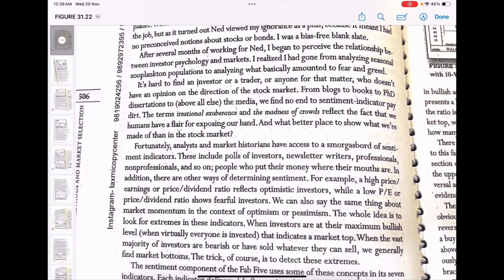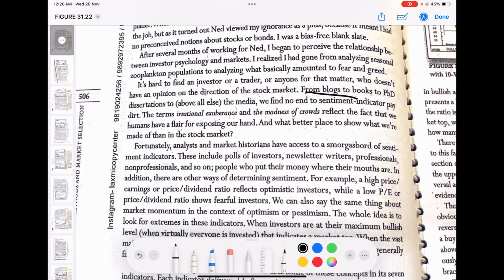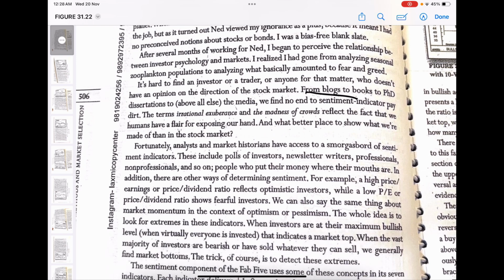From blogs to books to PhD dissertations to the media, we find no end to sentiment indicator pay dirt. The terms irrational exuberance and the madness of crowds reflect the fact that we humans have a flair for exposing our hand. And what better place to show it than the stock market?